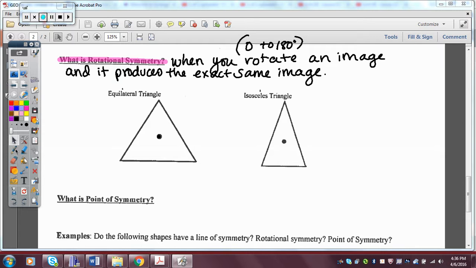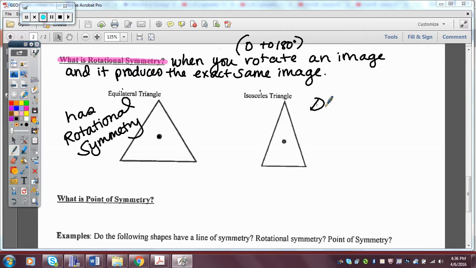Okay? So an equilateral triangle has rotational symmetry. An isosceles triangle does not have rotational symmetry.